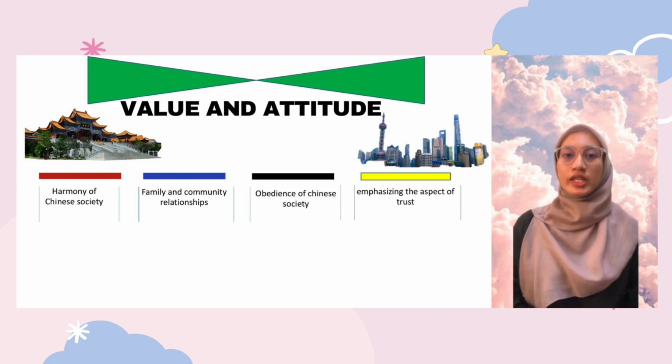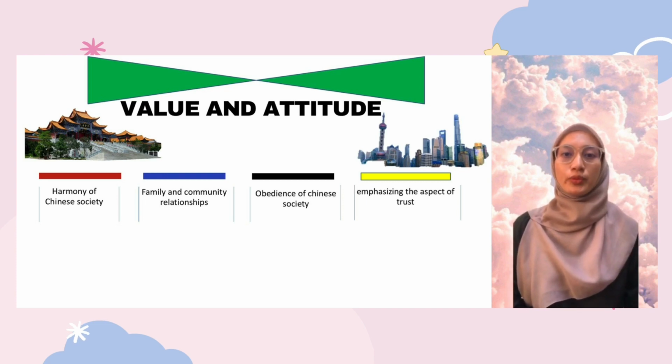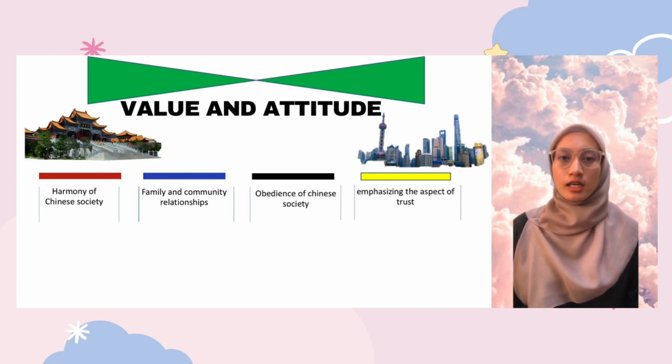Second value is family and community relationships. Chinese families and communities are very concerned about human relationships and mutual tolerance among human beings.